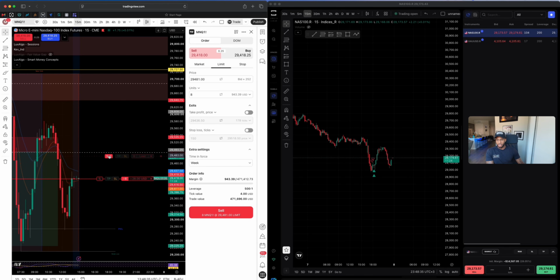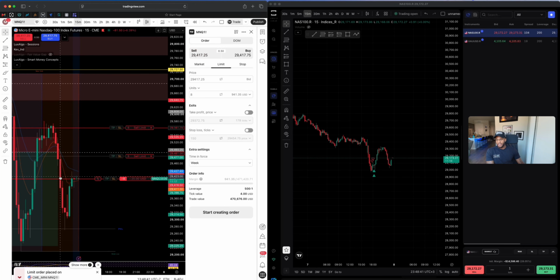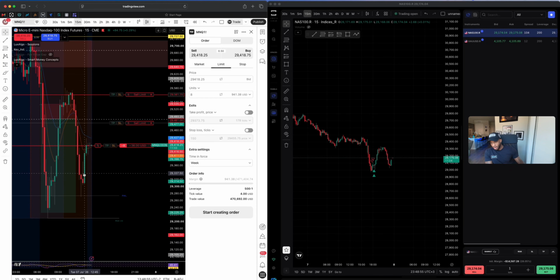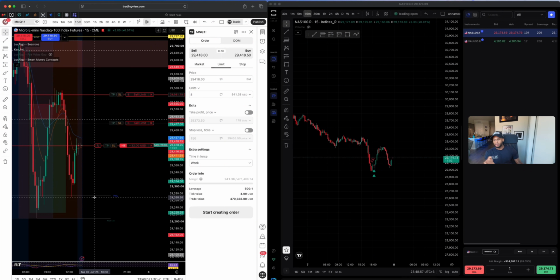Let's say I threw a limit here, and then I got up here and threw a limit here. So the idea is, as price is going against me, I'm putting orders, so once it starts turning around, I can make money on the way back. And then I can leave my best position that I like in hopes that it's going to go to where my original entry was going to be.